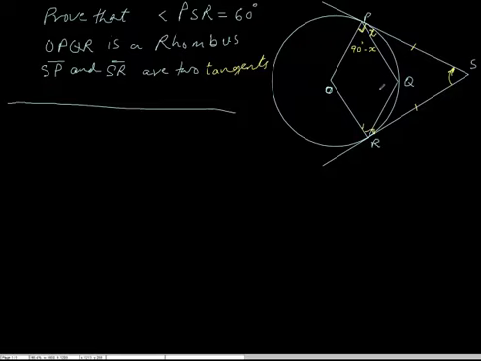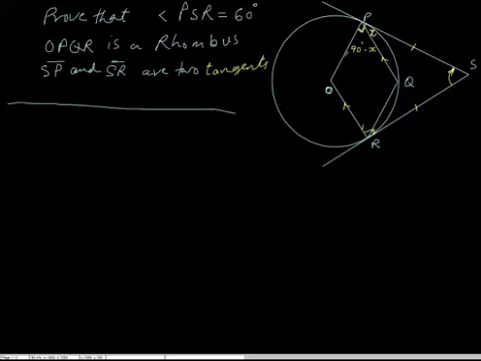Now, that angle, 90 take away x, is allied with this angle, which means they should make 180 degrees, because that line is parallel to this line.